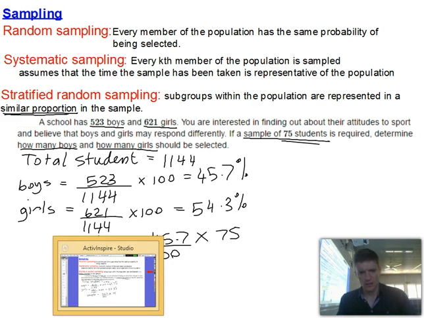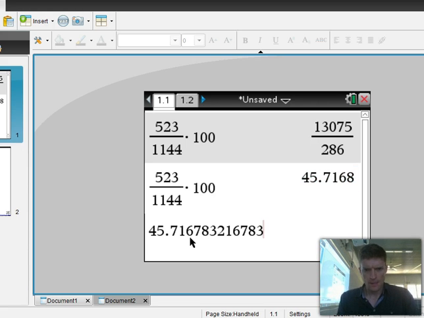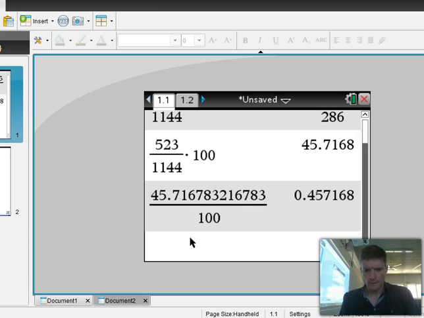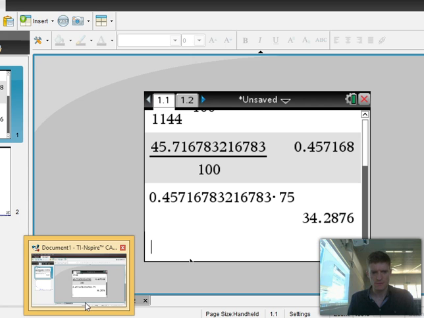Okay, and we can do that similar for the girls as well. So divide 100 times 75. 34, roughly 34 students.